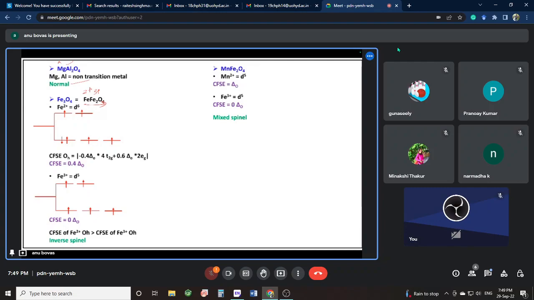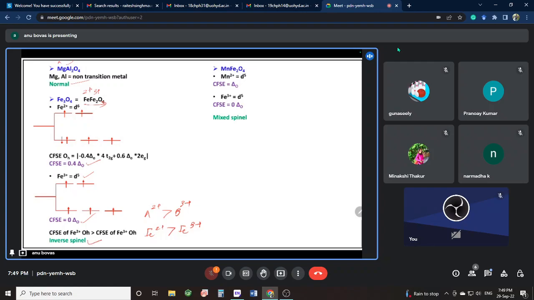Fe2+ has a d6 electronic configuration and its CFSE is 0.4 delta O. Fe3+ has a d5 electronic configuration and its CFSE is 0. So the CFSE of Fe2+, that is A2+, is greater than that of B3+. In such a case, it will be an inverse spinel.